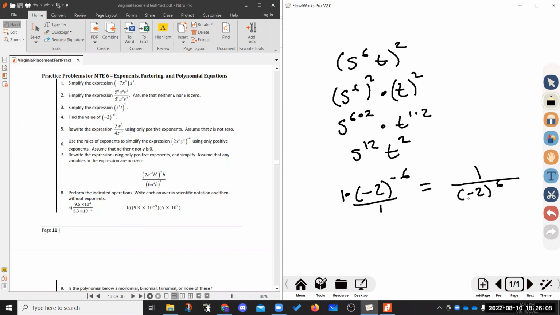So negative 2 times negative 2 times negative 2 times negative 2 times negative 2 times negative 2. That's an even number of negative signs. This is the same thing as negative 1 to the 6th times 2 to the 6th. This negative 1 to the 6th is a positive 1. 2 to the 6th is 64. So this reduces to 1 over 64.